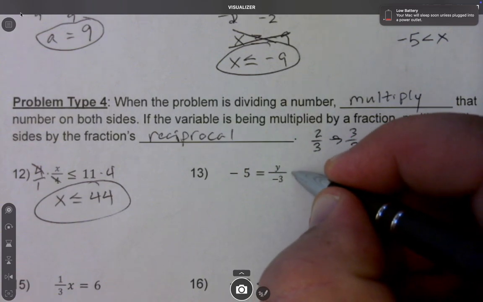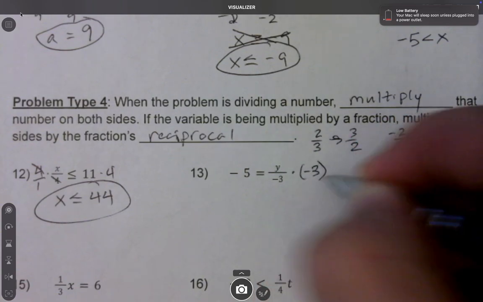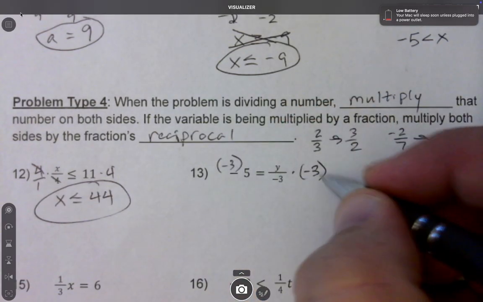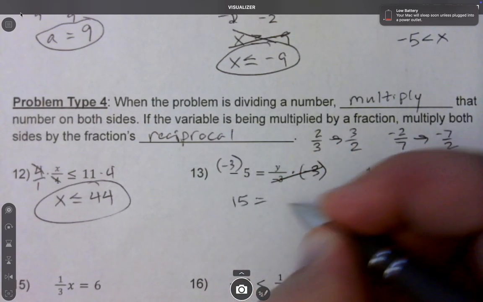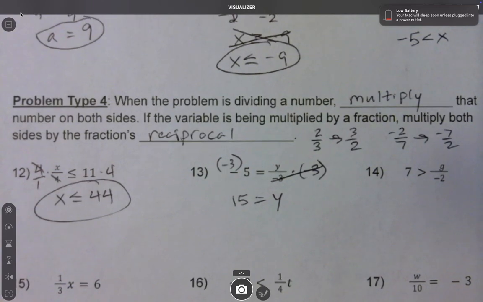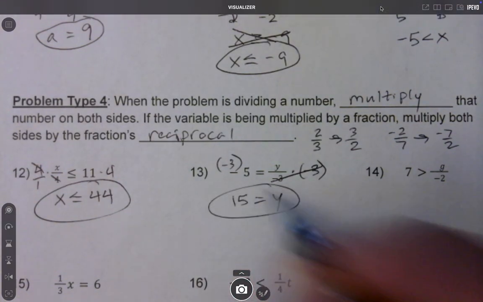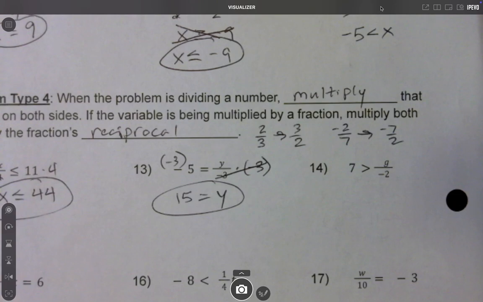This is y divided by negative 3, so we multiply both sides by negative 3. Negative 3 times negative 5 is positive 15. And we get 15 equals y, or y equals 15.